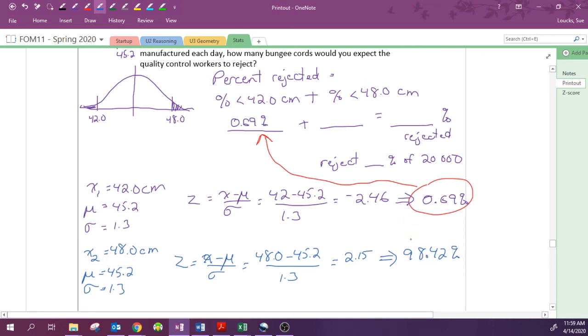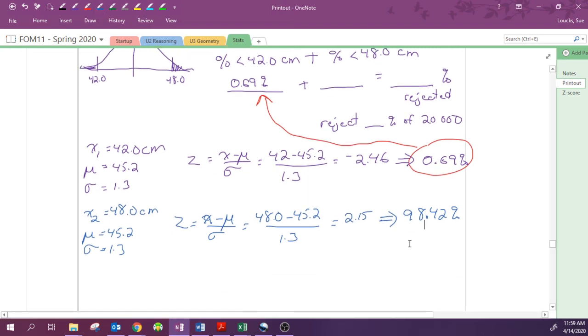I'm not going to reject 98.42%. Oh yeah, I need to change that to 100 minus that, right? Because that gives me how much is to the left of my 48. I need to know what's to the right of my 48. So I've got to go 100 minus 98.42, which equals 1.58%.